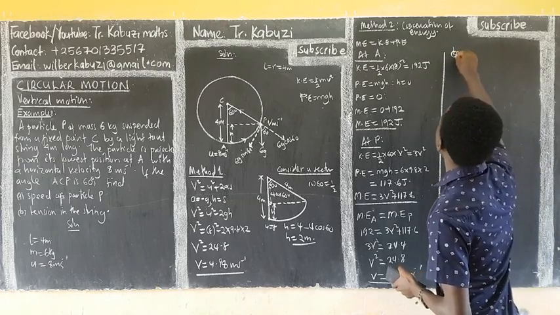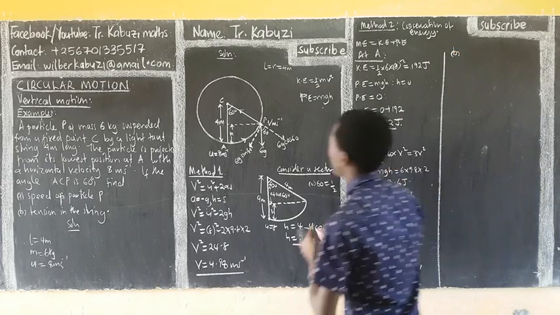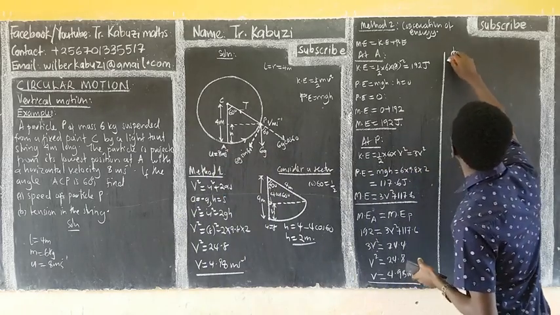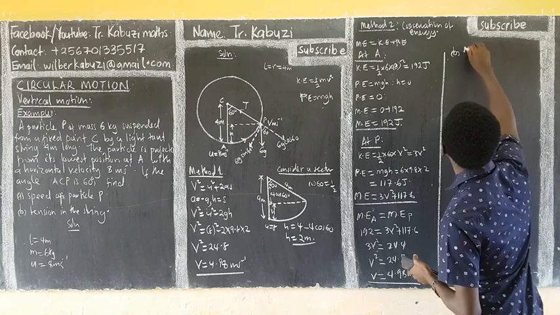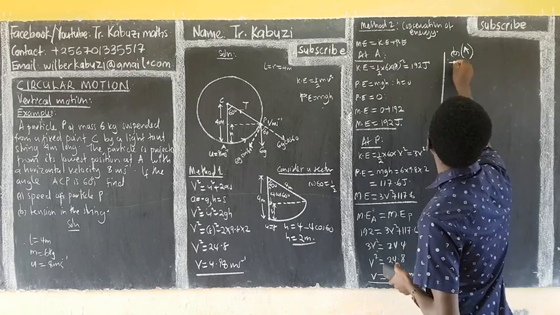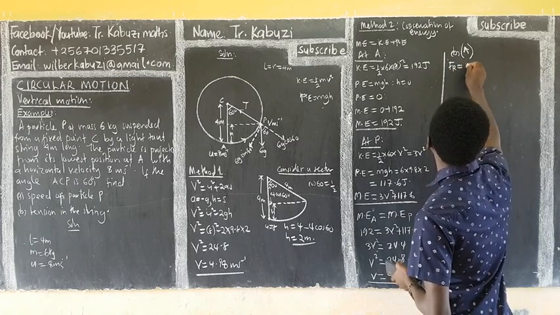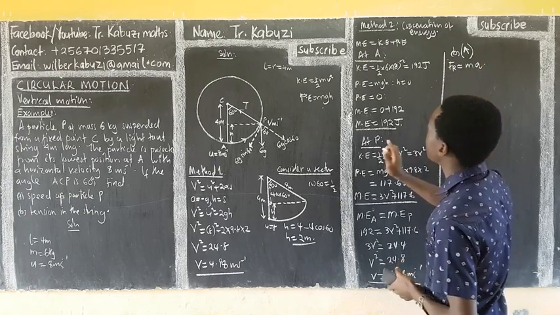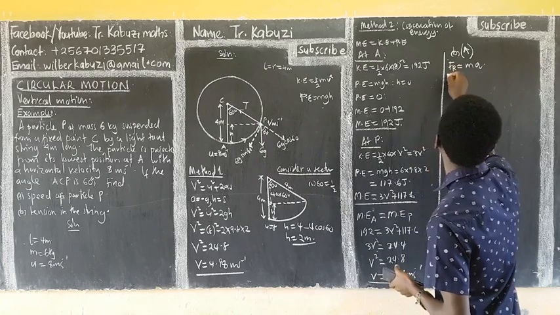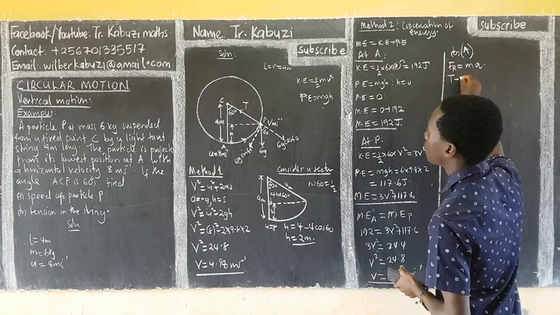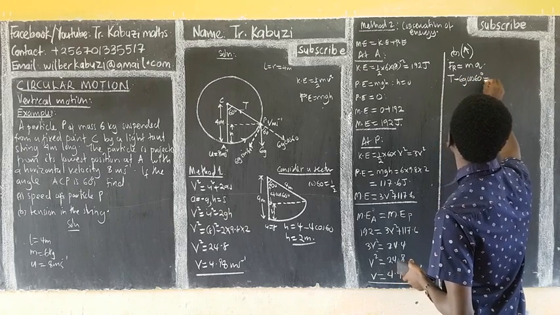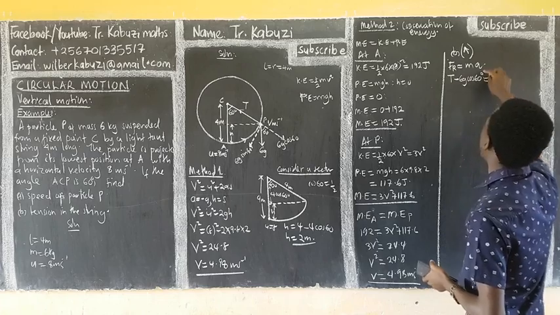So part B, they want us to get the tension in the string. So this is our tension in the string. If you resolve in this direction, always using Newton's second law, the resultant force is equal to the mass times the acceleration. What's our resultant in that direction? You see T minus 6g cos 60 degrees is going to be equal to the mass times the acceleration.